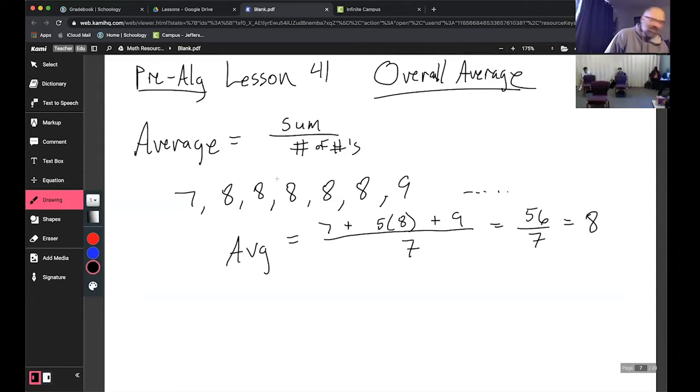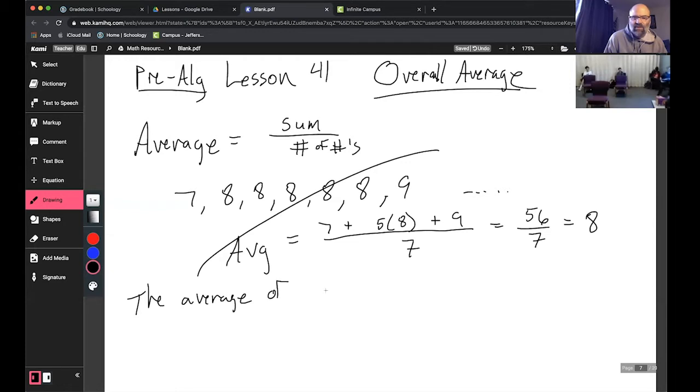Let's say instead of these numbers, what we got is this kind of problem. The average of the first 3 numbers is 4. Do you know what those numbers are?